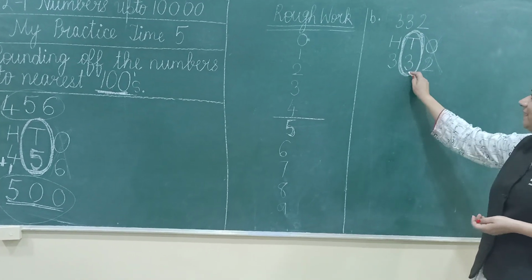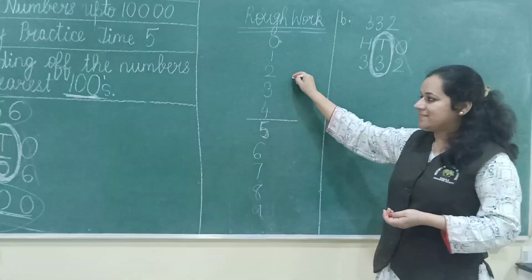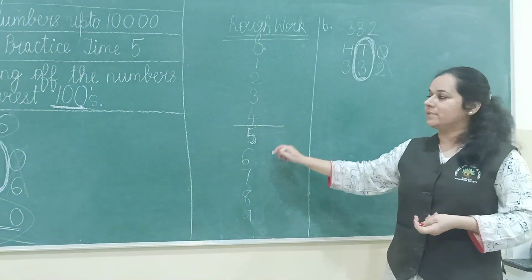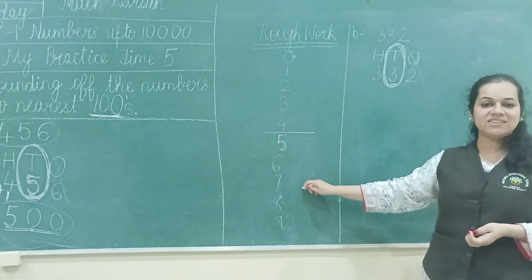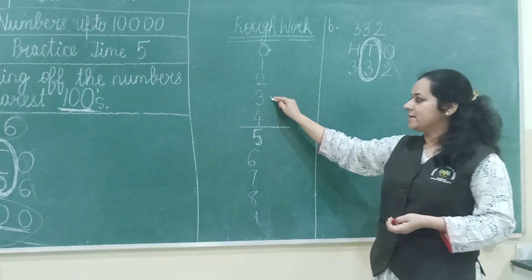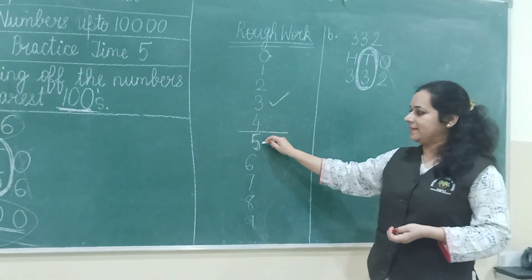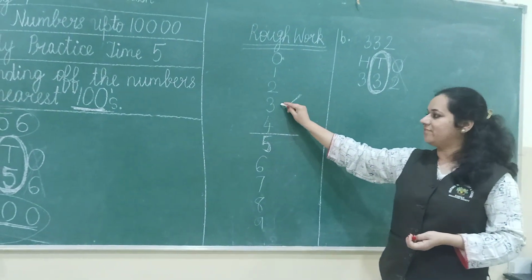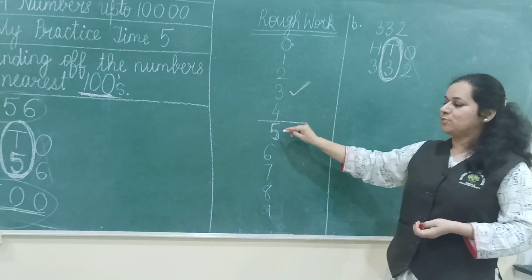Now the number on the tens place, is it smaller than 5 or bigger than 5? It is smaller than 5. 3 is smaller than 5.